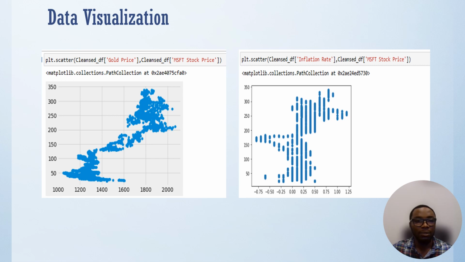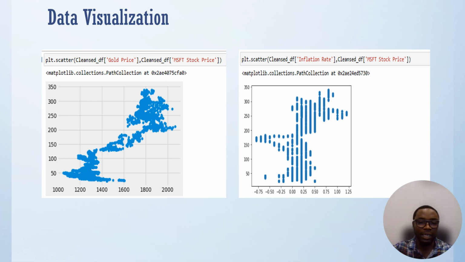Taking note of all this, looking at another visual, we'll look at the scatter plot of the different features, gold price and Microsoft stock price. We see this linear relationship: as the stock price goes high, the price of gold also goes high.